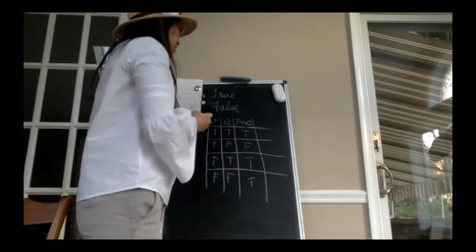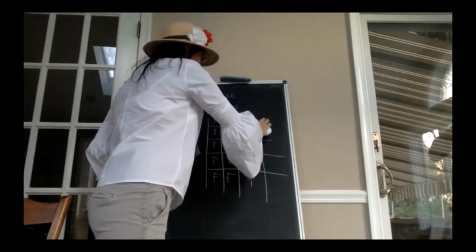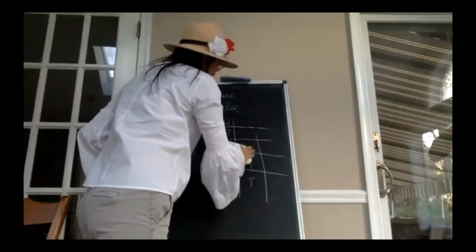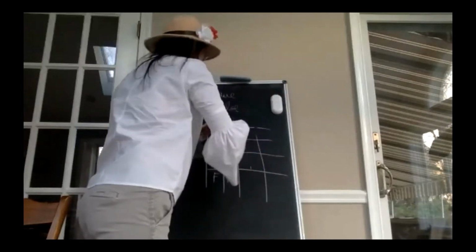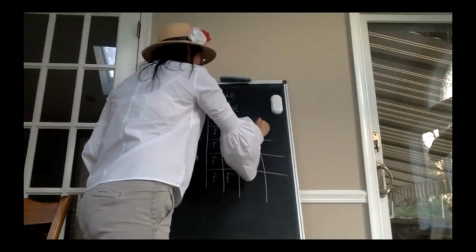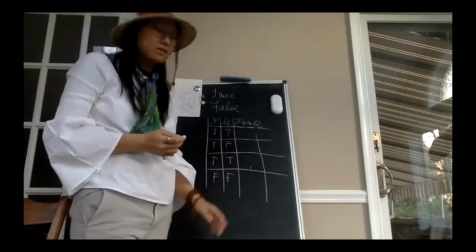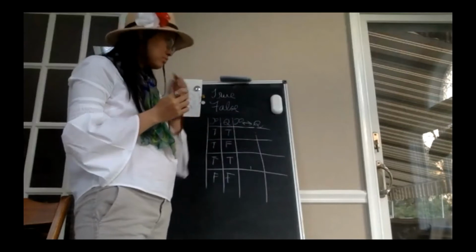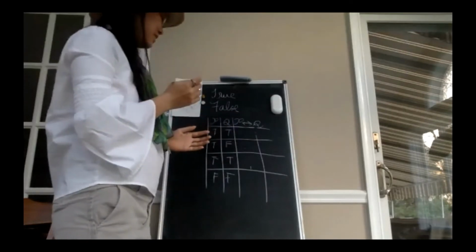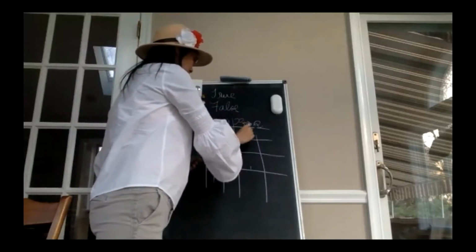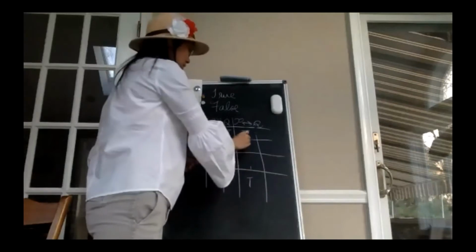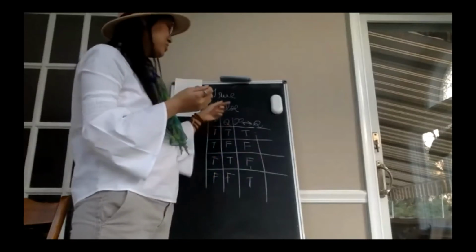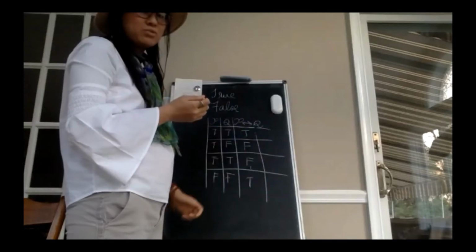The statement, P if and only if Q, can be thought of as saying, if P, then Q, and if Q, then P. So if we analyze it that way, we find that it's only true in the cases where P and Q have the same truth value, and it's false otherwise because one of the directions of implication wouldn't work.